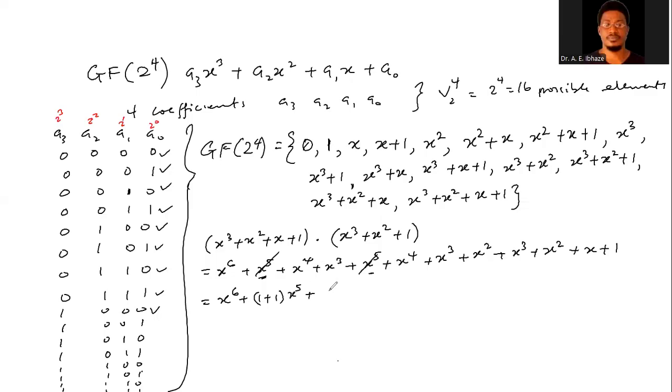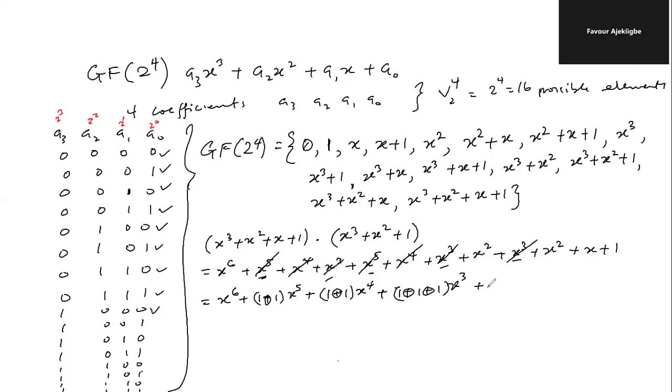So that will be another 1 plus 1, x to the 4. So we've taken care of this. So come to x cubed. How many x cubed do we have? We have 1, 2, 3. So that'll be plus 1 plus 1 plus 1, x cubed, right? So we've taken care of all the x cubed.